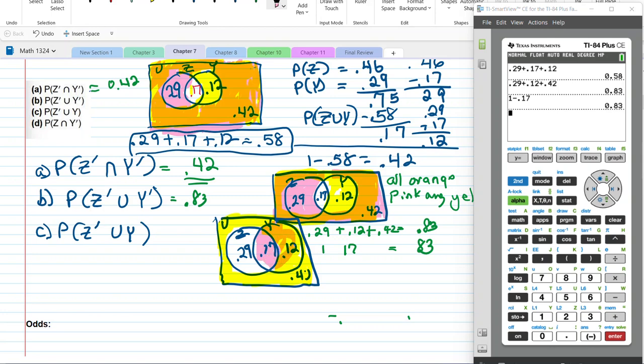So we have an overlapping of 0.12, but we had an addition of 0.17 with the 0.42. Right, so this is going to be 0.42 plus 0.17 plus 0.12.